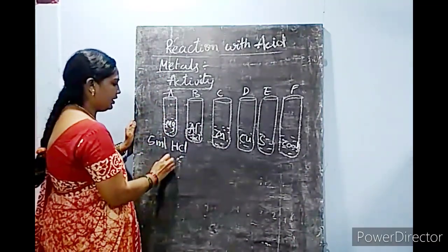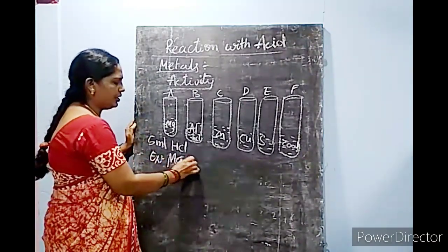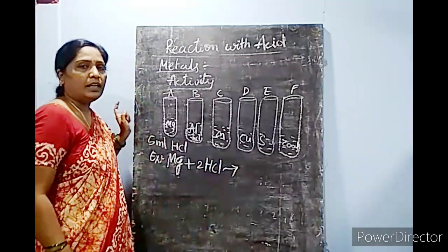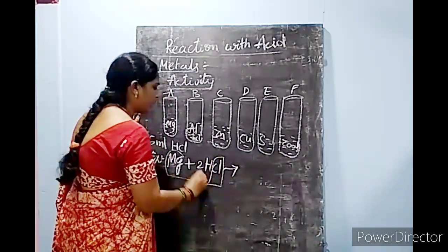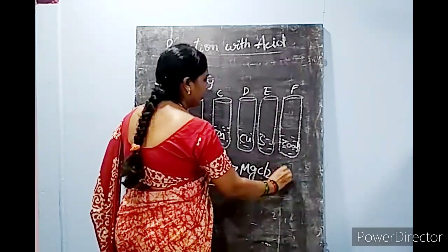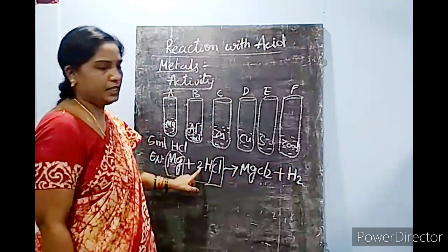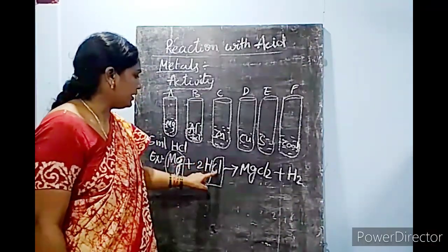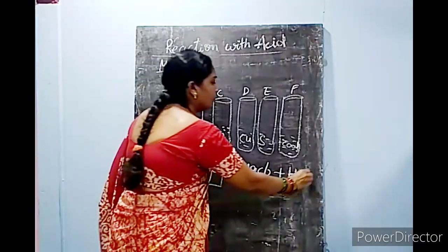When magnesium reacts with HCl, it releases magnesium chloride, MgCl2, plus H2. To balance the equation, 2 is written before HCl. So MgCl2 is formed, and the leftover is H2.